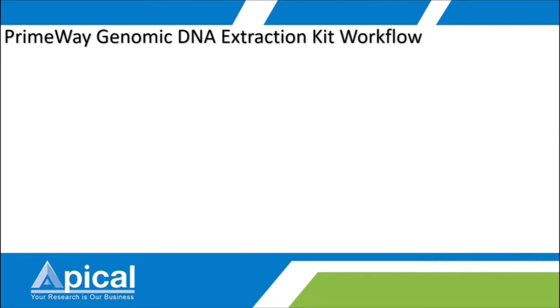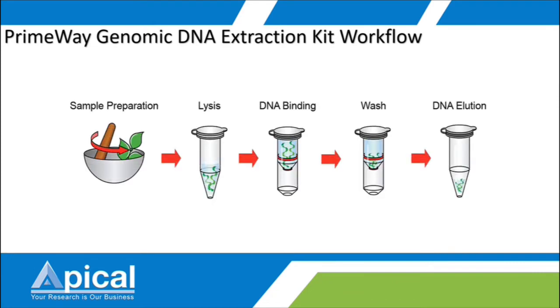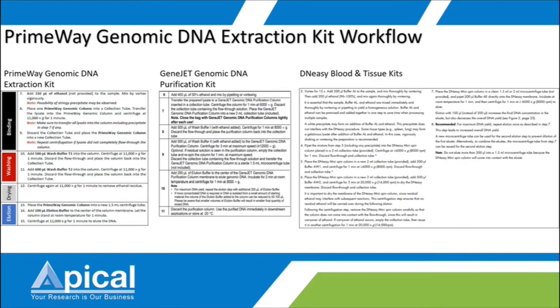Okay. So again, the workflow for gDNA extraction using silica spin column. Basically you will find that the DNA binding, washing, and elution steps are nearly the same in all of the sample types and also in most of the commercial kits, as I show here.